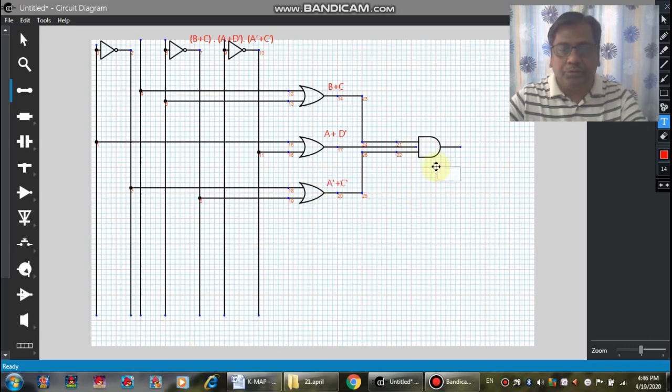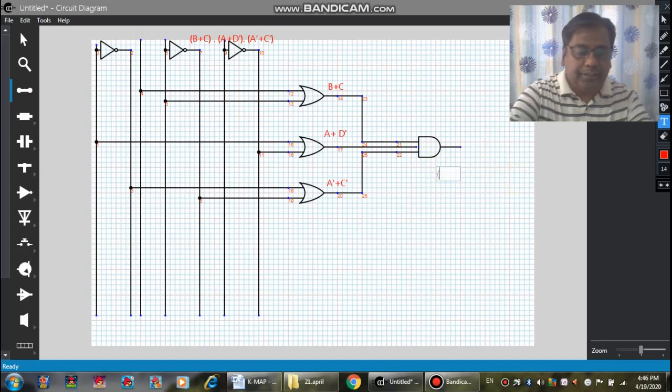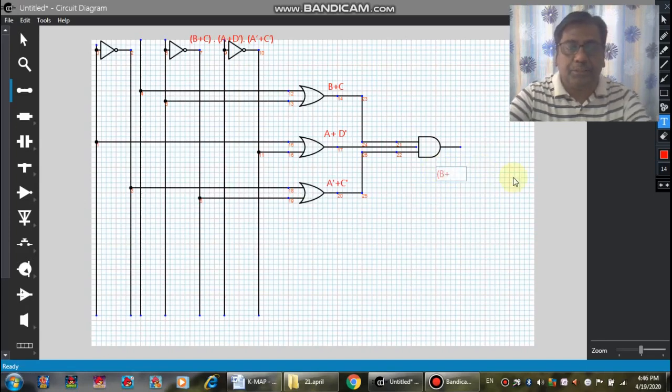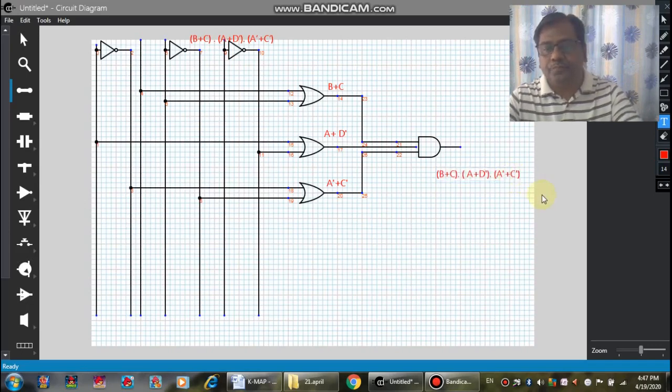Therefore, the final resultant is (B plus C) dot (A plus D complement) dot (A complement plus C complement). This is how we create the logic circuit diagram for a reduced expression for a 4-variable KMAP.